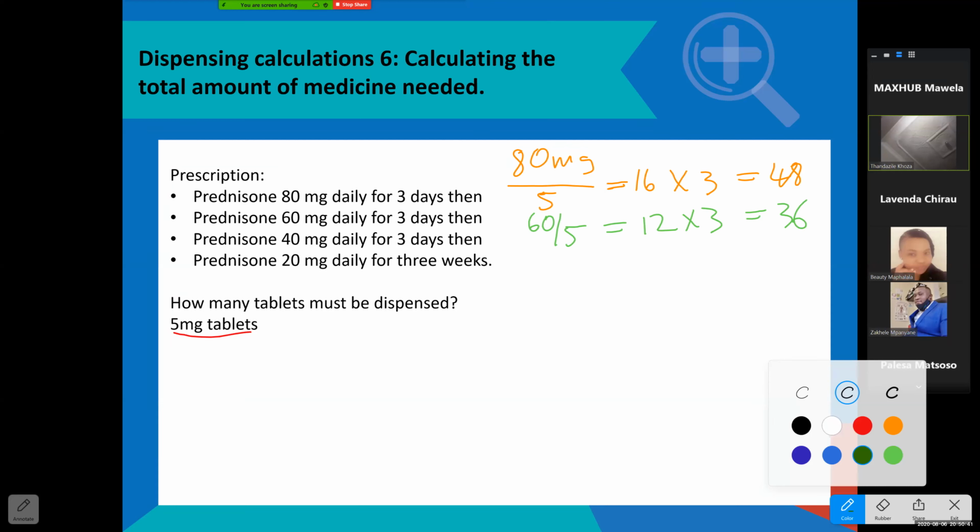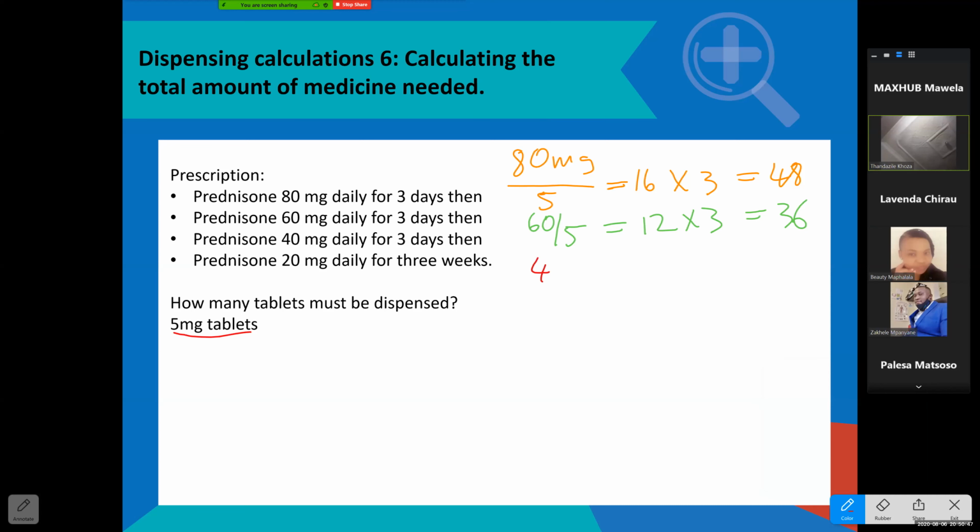The next one, I'm running out of colors. The next one is 40 divided by 5. What did you get? 8. So it's 8 times 3, and that is equal to 24.